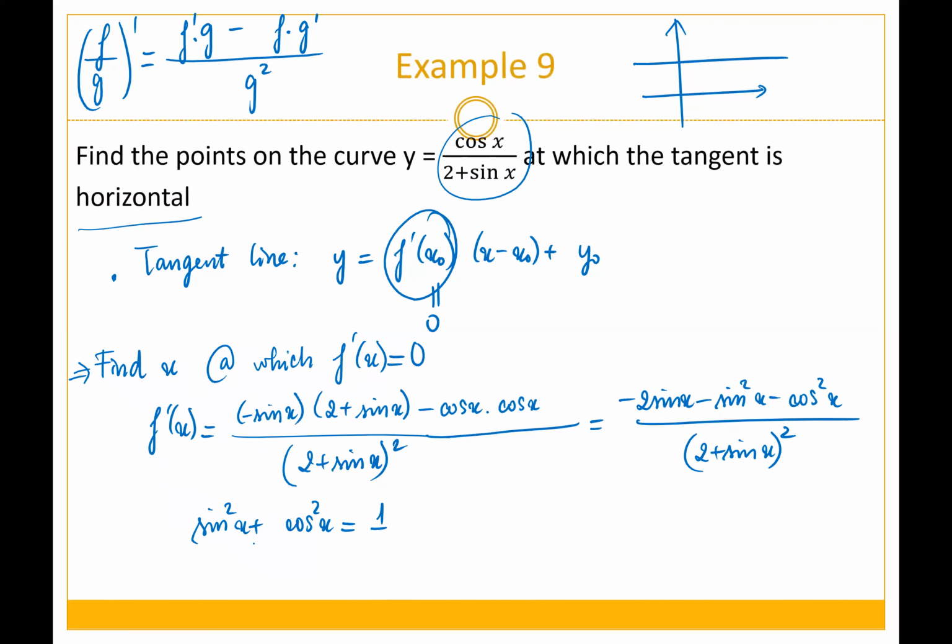Why am I putting it up? Because here, when you take the negative out, you have negative sine squared x plus cosine squared x, which is just going to be 1, and it makes things so much easier. So what we end up having is negative 2 sine x, negative 1, over this.